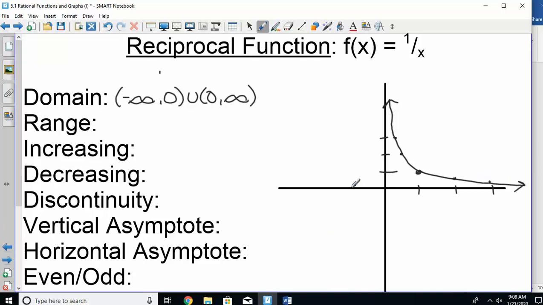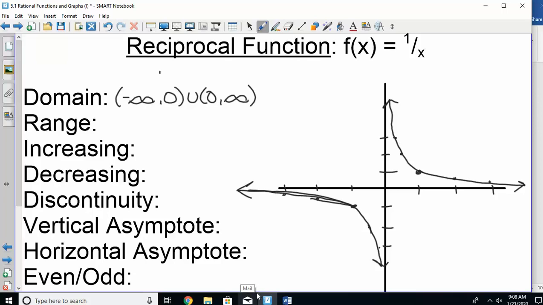Okay, let's do some negatives. If we put in -1, we get out 1 divided by -1 is -1. 1 divided by -2, -1 half. 1 divided by -3, -1/3. If I put in a -1 half, we get out -2. -1/3 gives me -3. So we're getting the same type of graph, just negative this time.